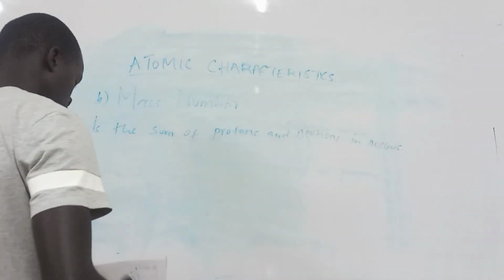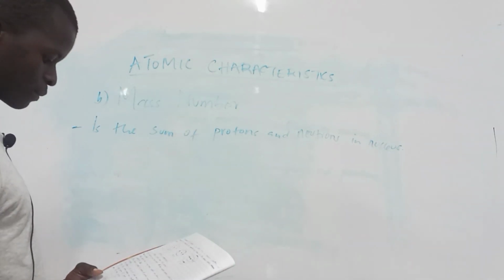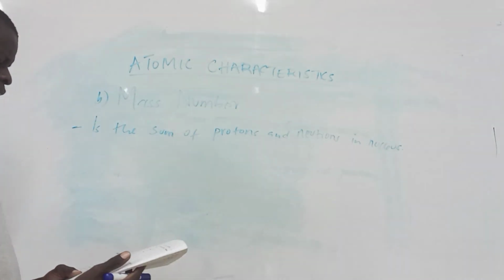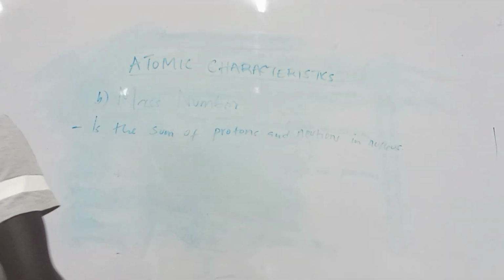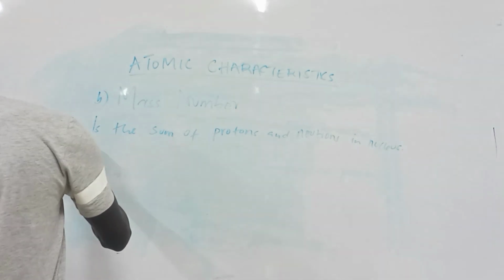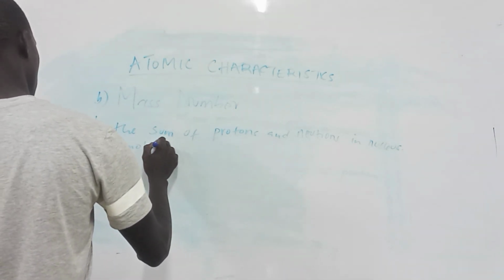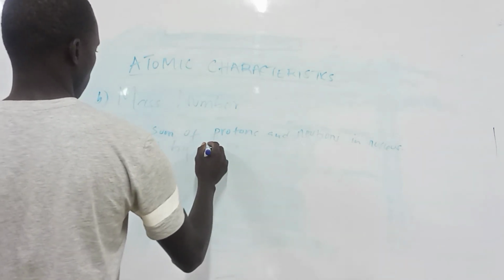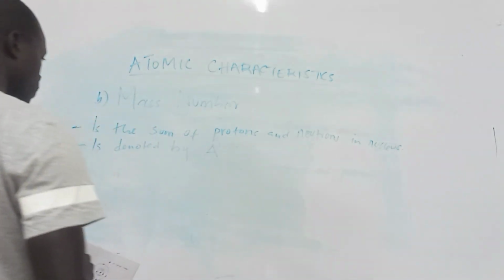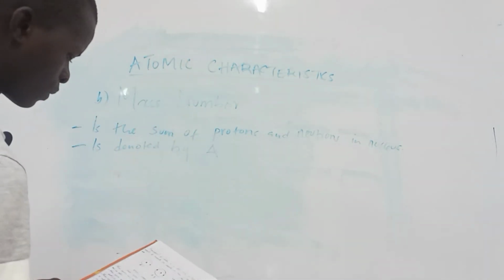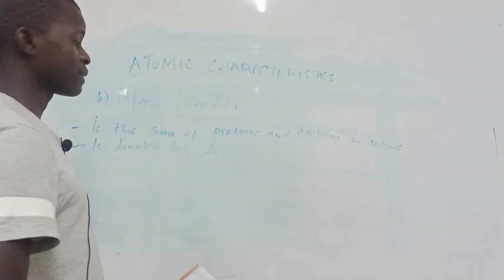Now, it is the summation of the protons and neutrons. Therefore, it is always bigger than the atomic number and is denoted by capital A. To get the number of neutrons, we just subtract the atomic number from the mass number.